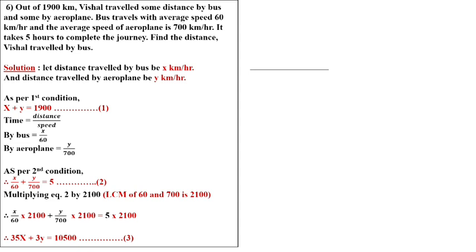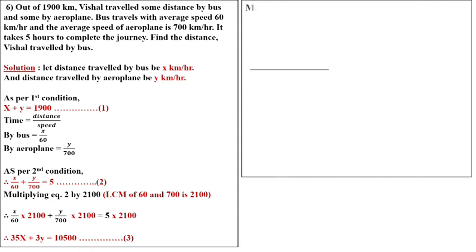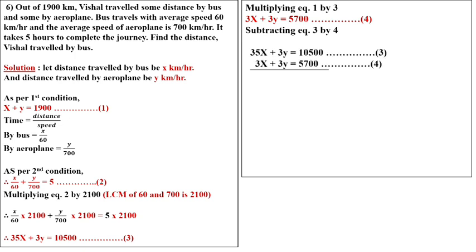So we have equation number 1 and 3. In equation number 1, we can multiply equation 1 by 3. So here we get 3 into x, 3x, 3 into y, 3y, 1900 into 3 we get 5700. That is our equation number 4. Now we can subtract equation number 4 from 3.